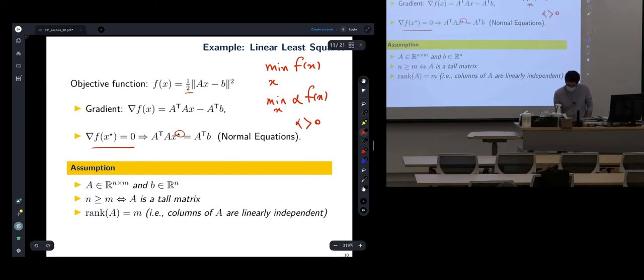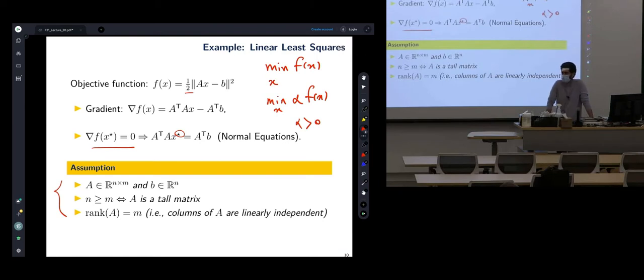And this is just a reminder that in the least squares problem, A is a tall matrix, we have more rows than columns. A is full column rank, all the columns of A are linearly independent, so that A transpose A will be invertible. So we just verified this necessary condition, and it works. That's for the familiar least squares problem.